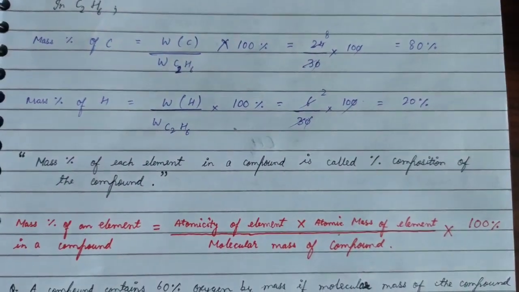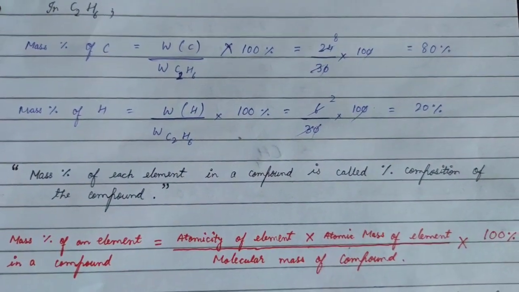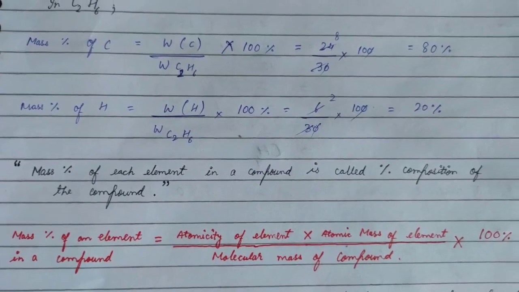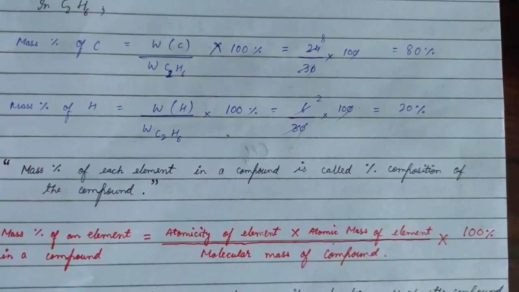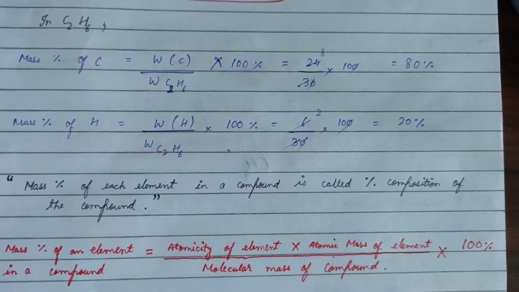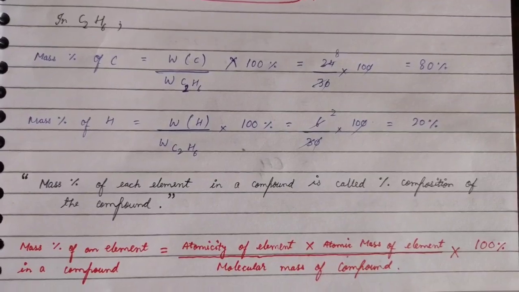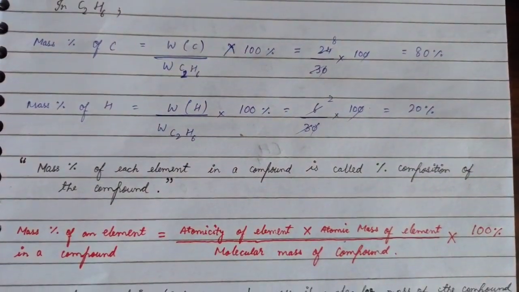Next comes the mass percentage of an element in a compound. It is calculated by atomicity of element multiplied by atomic mass of element divided by molecular mass of compound into 100%. Let us see an example, this will help you to understand it.